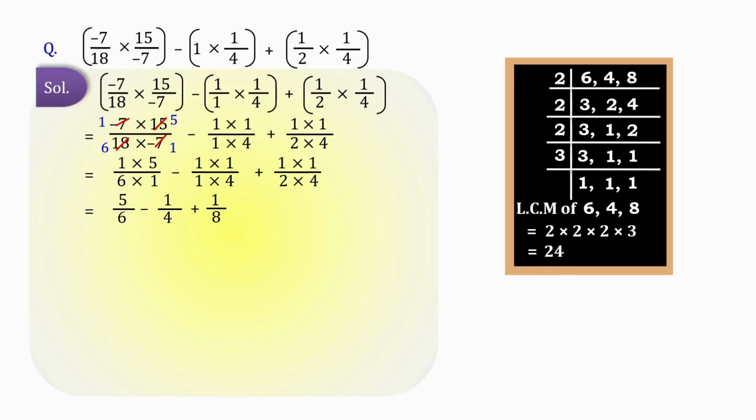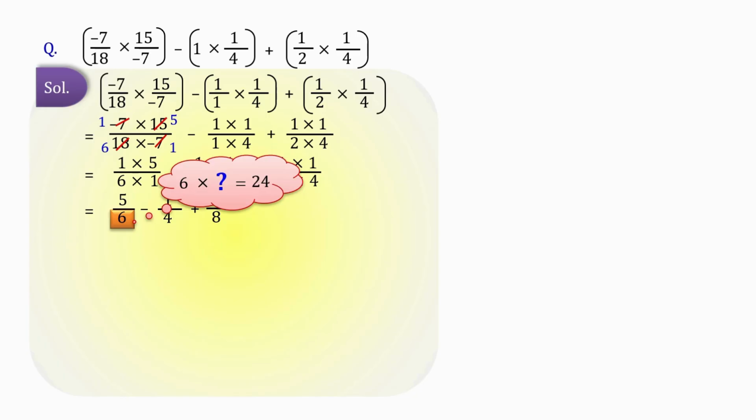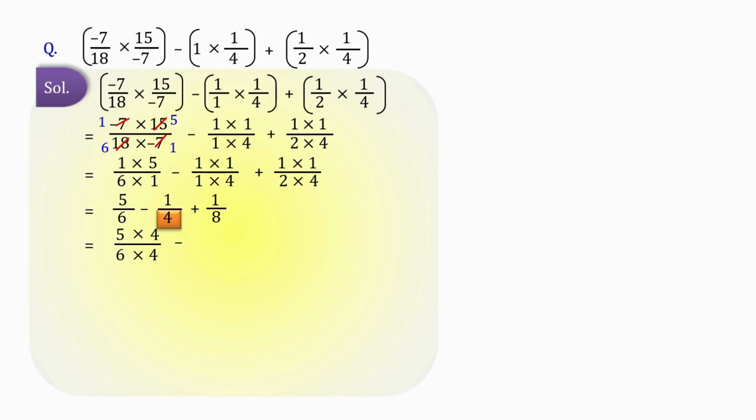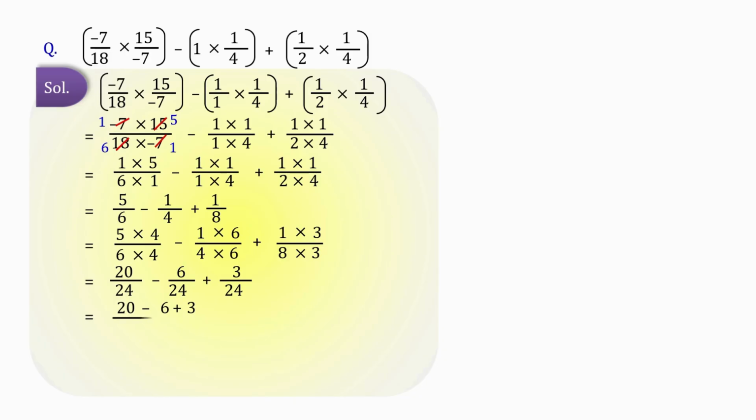So we got the LCM as 24. So now let's make the denominator 24, and we have to multiply the same number. So first we will add the positive numbers. So we got the answer as 17 by 24.